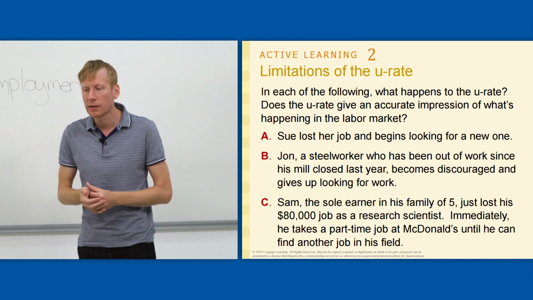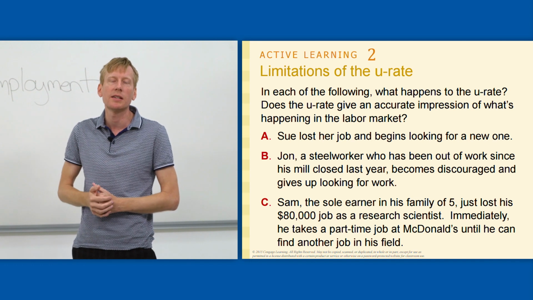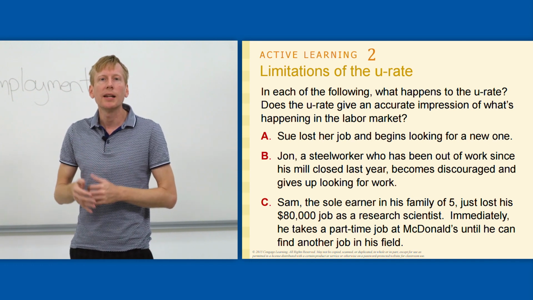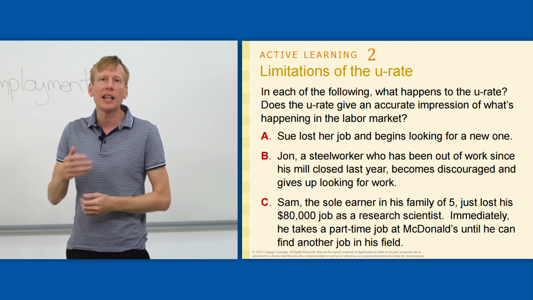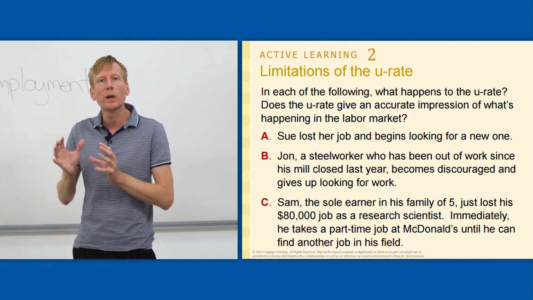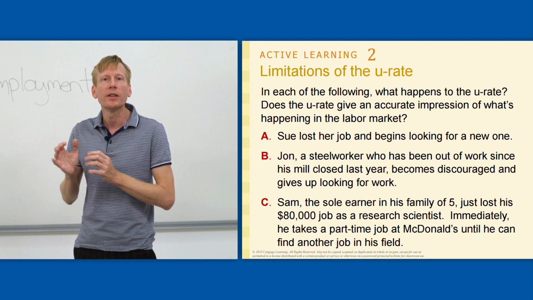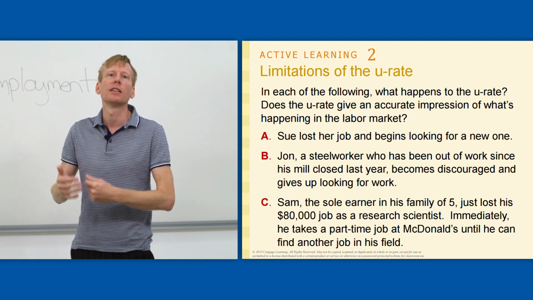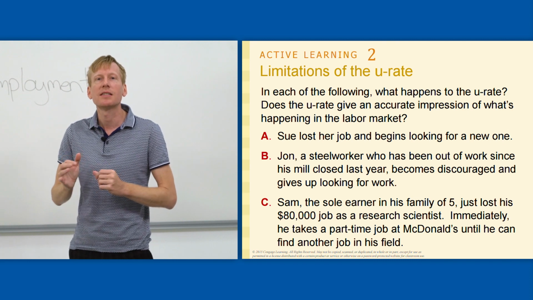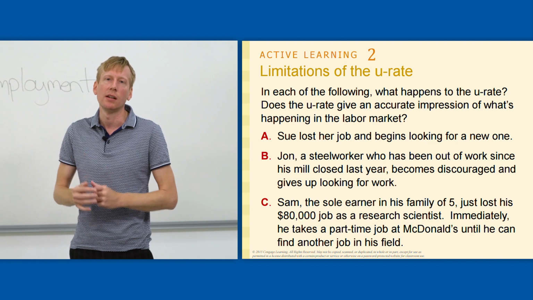So what happens when Sam also receives this monthly survey from the Bureau of Labor Statistics? Well, what does it ask him? It asks him, do you have a job? And he answers yes, just like he did last month and the month before that and the month before that. It doesn't ask him which job he has, or how happy he is with his job, whether his job utilizes the skills that he has, or whether his job pays him well. It just asks him whether or not he has a job, and his employment status hasn't changed.